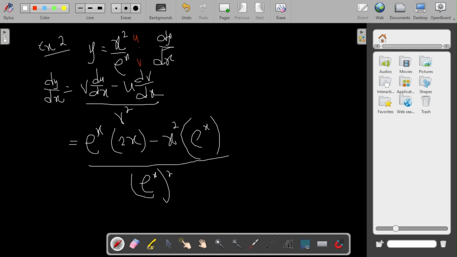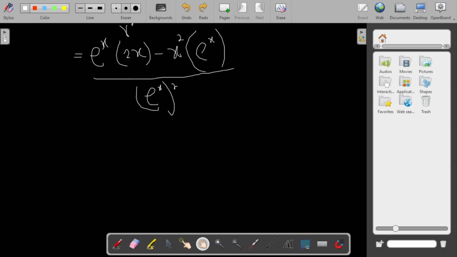At this point, it is very simple because from here I can just decide to bring out the common terms. My dy/dx. Now what's common here? e^x is common here, e^x is common here. You can even extract one x from here, because I have 2x here and I have x squared here. So I can say this is e^x.